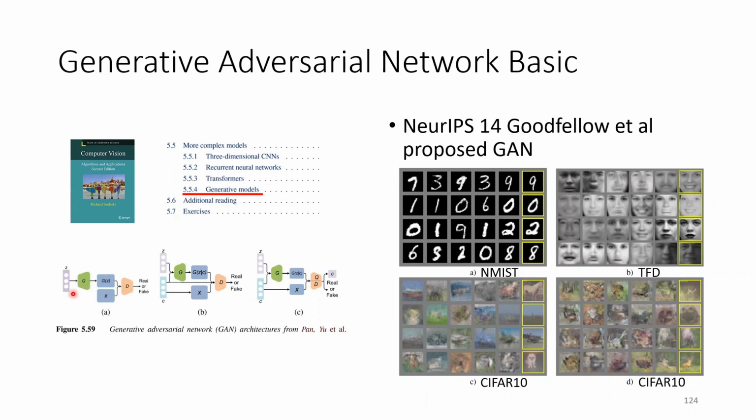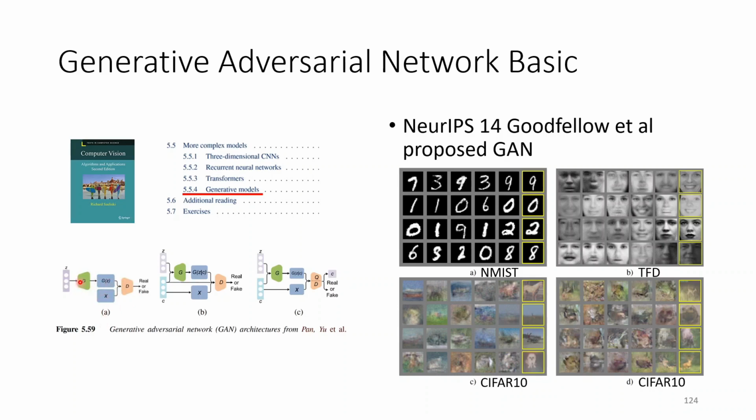The input is a latent code, or you can just imagine noise. They use noise and a generator to generate images, and there is a discriminator, and the X means real images, the real world image.